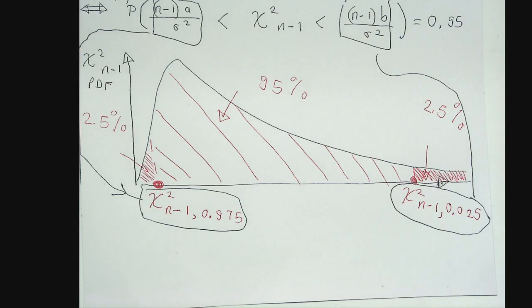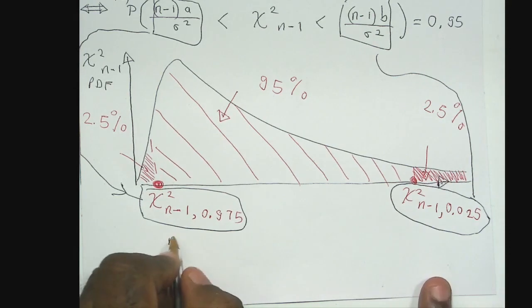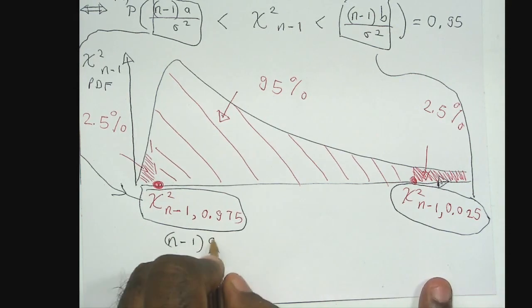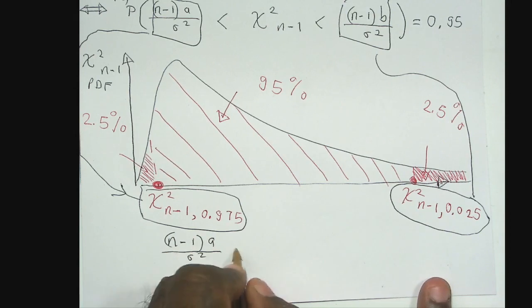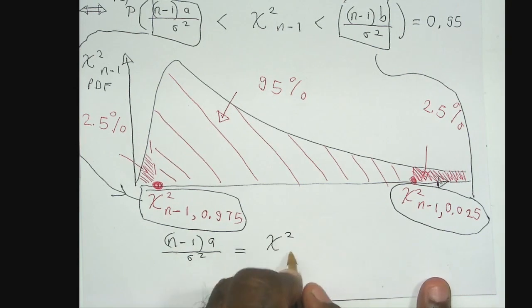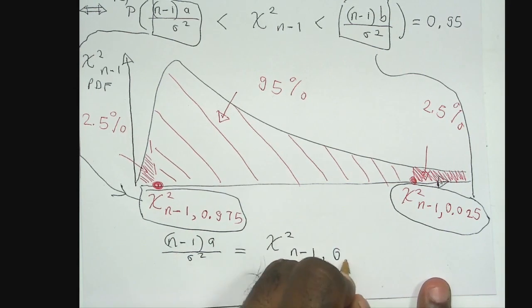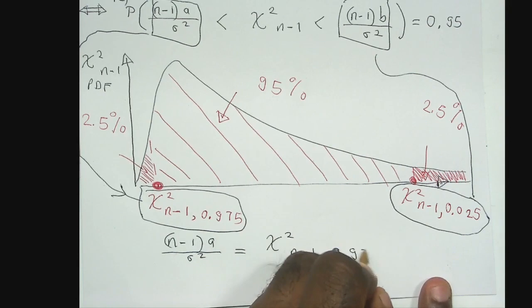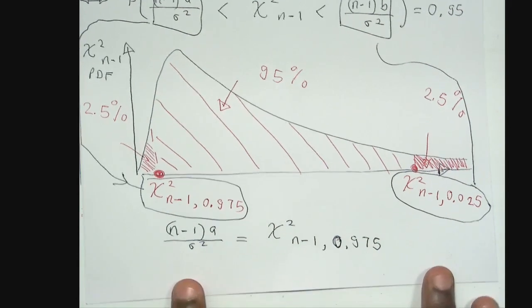This must be equal to that, and this point here must be equal to that, right? So in other words, what I have said is the following: n minus 1 times a divided by sigma squared is equal to this, right?